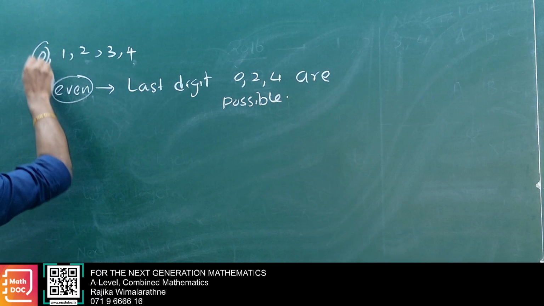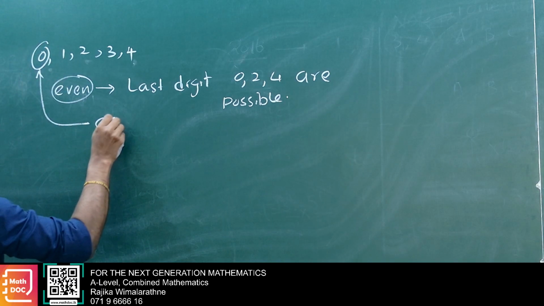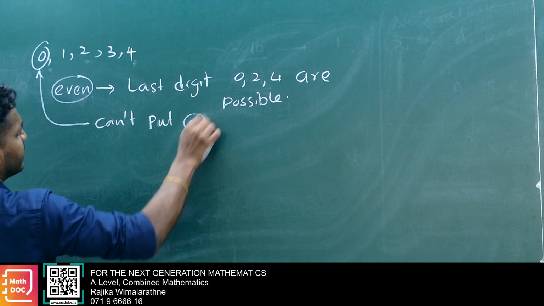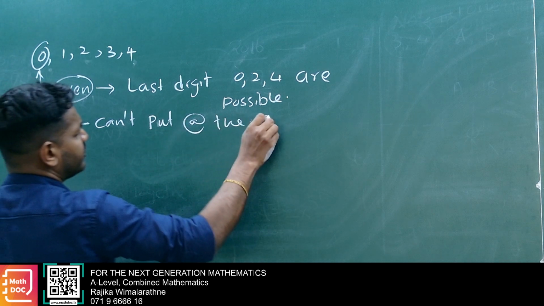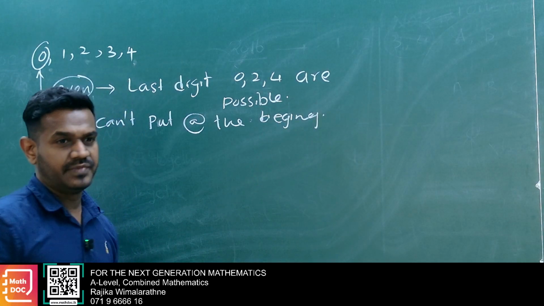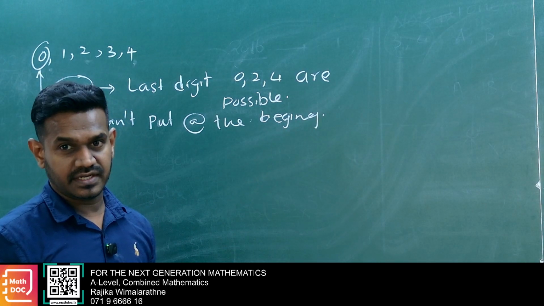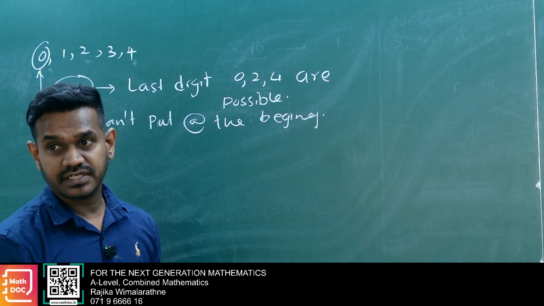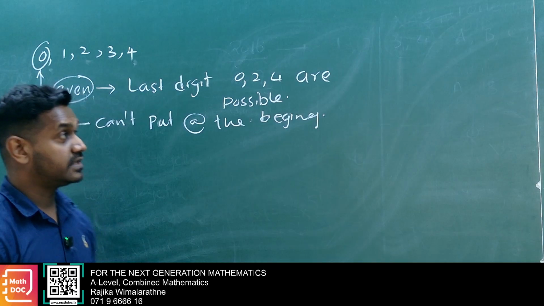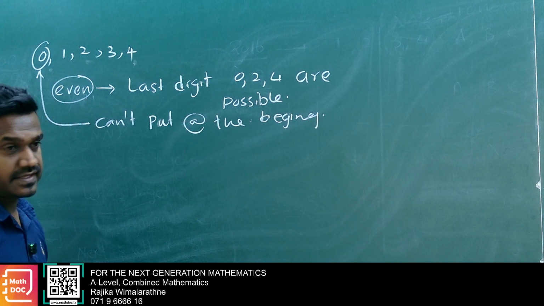And because of 0, we can't put it at the beginning. The last digit must be 0, 2 or 4, no? We have 2 special cases.